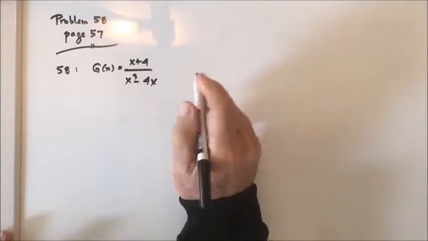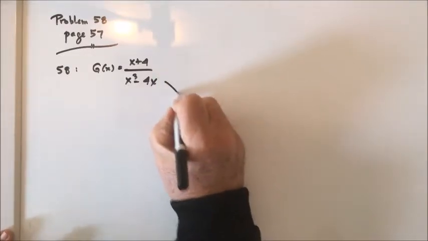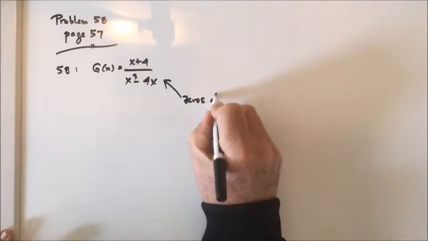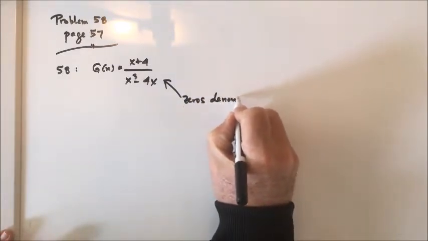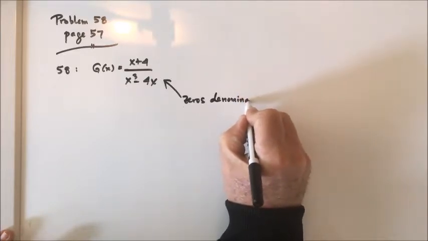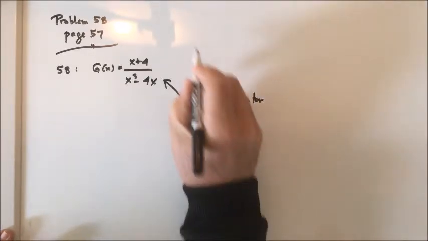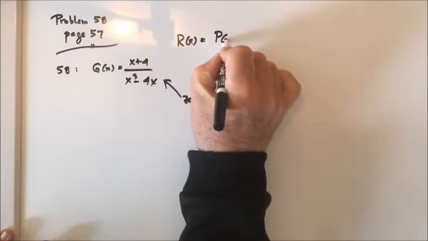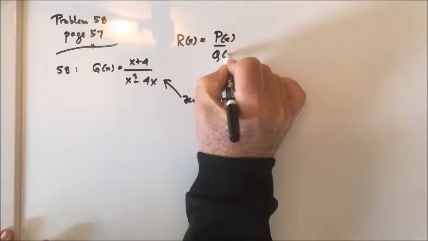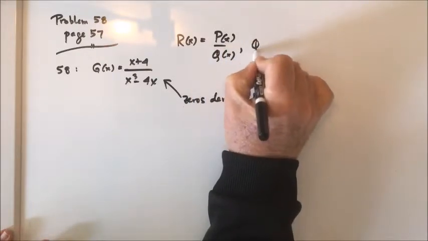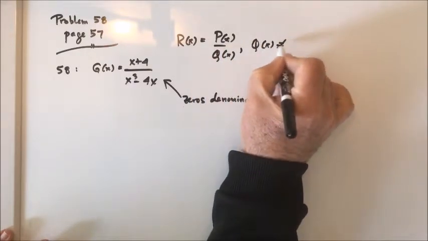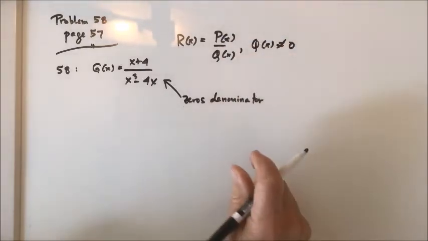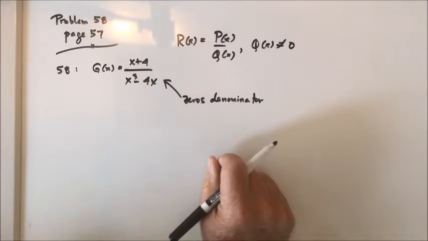So in order to find the domain, what you look for is the zeros of the denominator. Because if you go back to the very definition, a rational function is a ratio of polynomials, p of x and q of x, such that q of x does not equal 0. If the denominator is 0, then p over 0 is not defined, r of x is not defined.